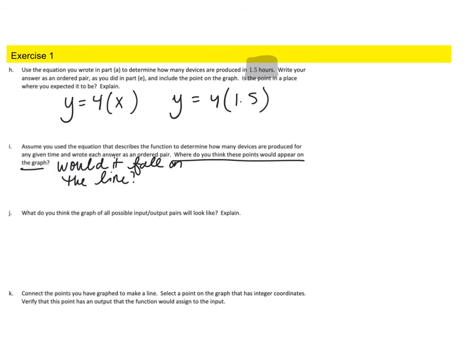Answer that for me. And then do you think that every number we put into our input and output is going to fall on the line? Will they always fall on that line that we made? And then we're not going to do K. We're not going to actually try it out. So take a second to do this before we move on to the next screen. Answer those few questions.